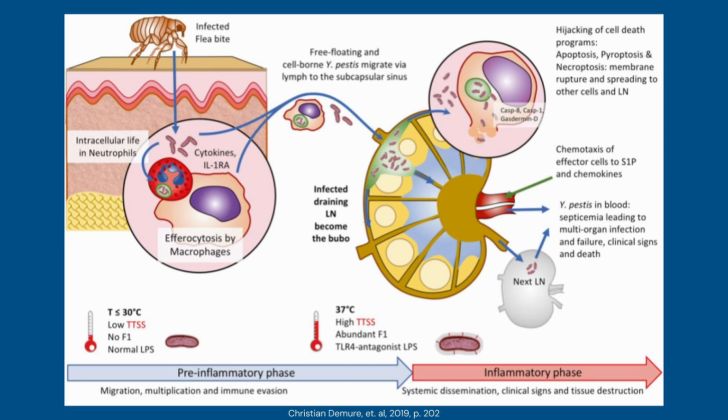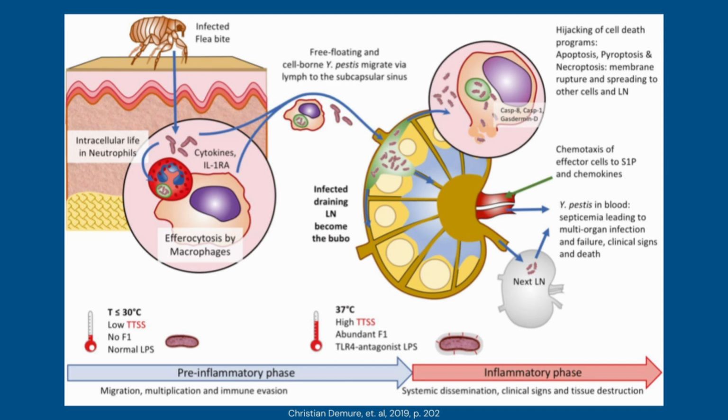And once there are a lot of the bacteria inside of those macrophages, they will cause the macrophages to self-destruct by hijacking the cell death programs, releasing the Yersinia pestis out into your lymph nodes.